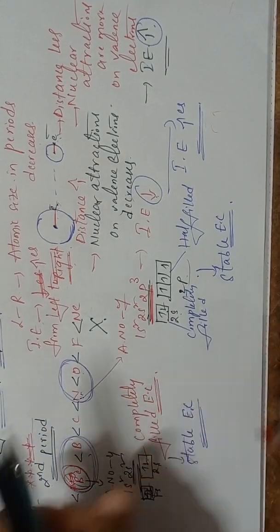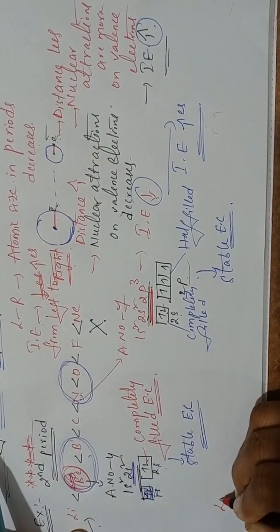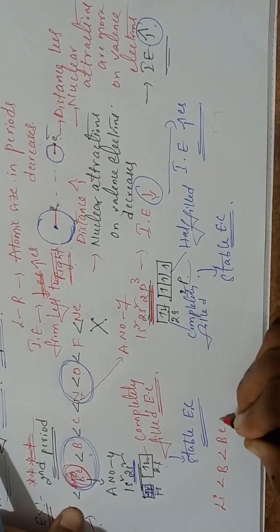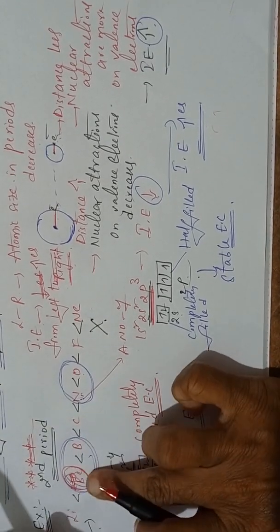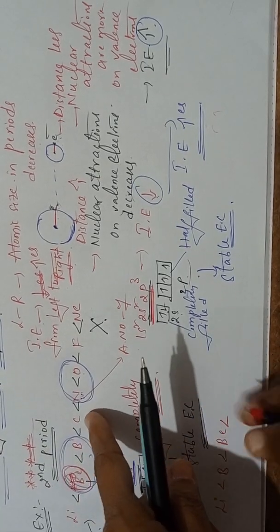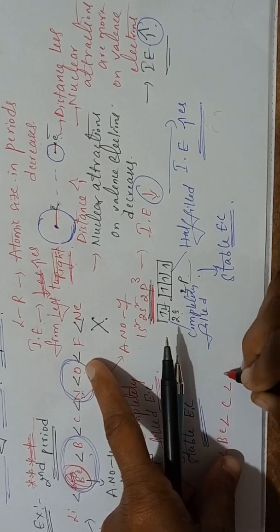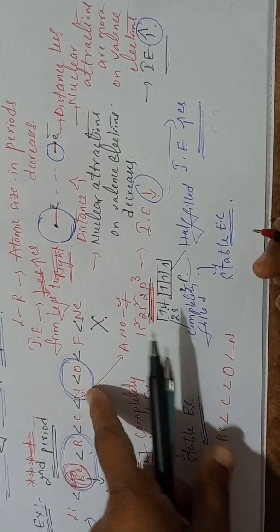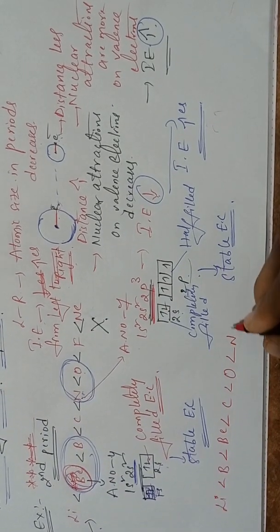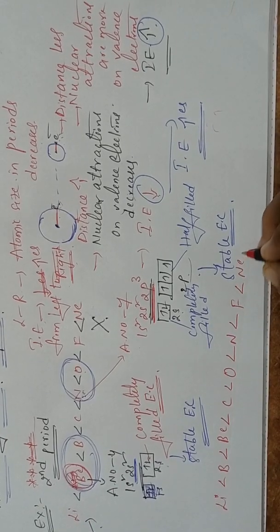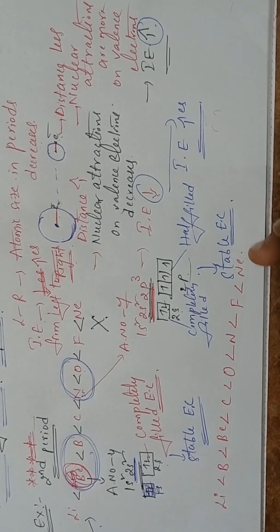So the order is: lithium less than boron, less than beryllium, less than carbon. Then for nitrogen and oxygen, first which one has less? Oxygen. Next nitrogen has more ionization energy, and next fluorine, next neon. Are you clear? Fluorine, neon.